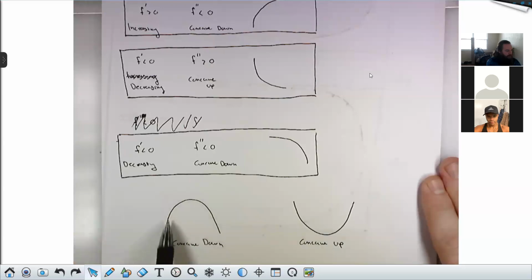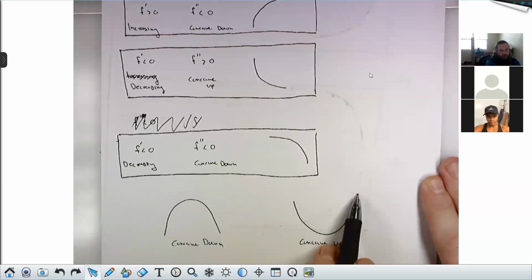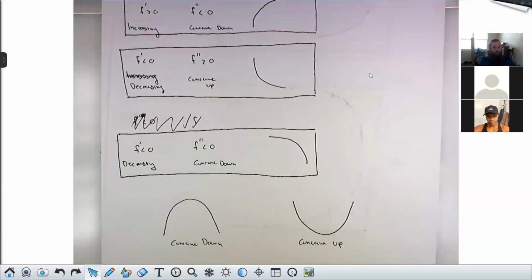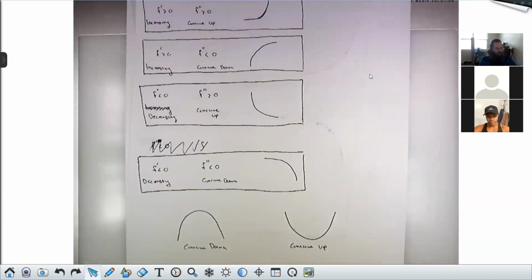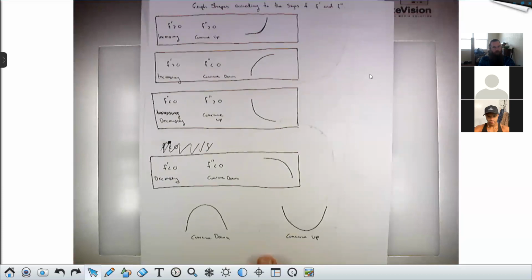So here we are increasing concave down, decreasing concave down, decreasing concave up, increasing concave up. And we split them into these four groups. And you can glue anything that looks like this to anything else like this, right? You can glue a piece that looks like this to a piece that looks like this, and you get all sorts of things that look like these.